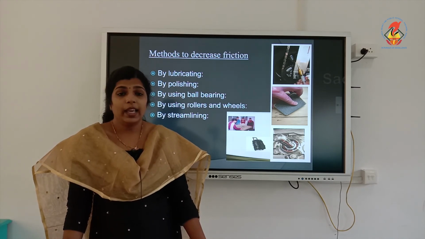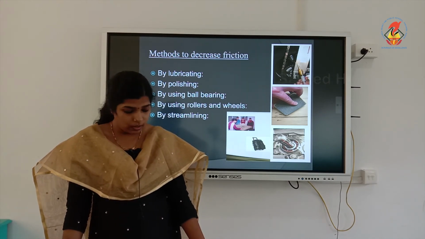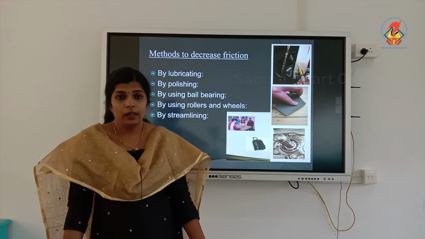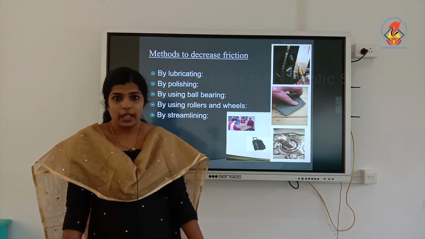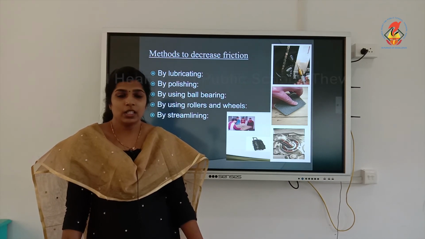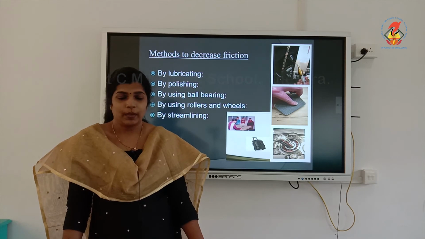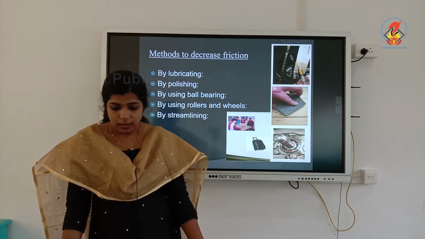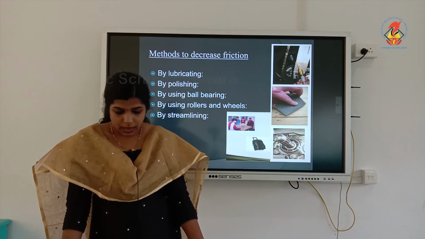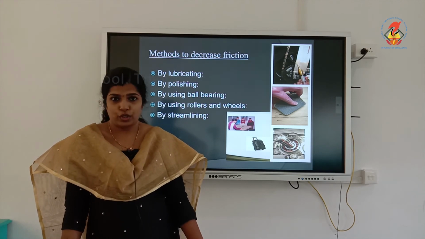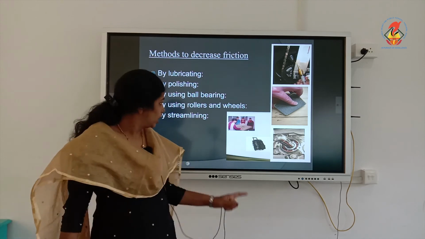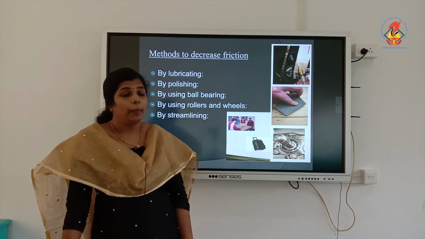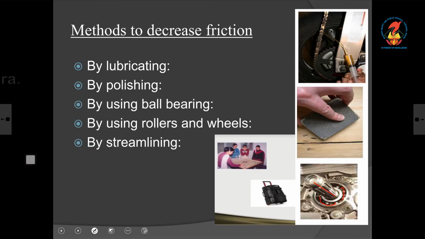Luggage is fitted with rollers and wheels, so we can easily shift it from one place to another. We can easily shift big luggage with wheels. What's the reason? Wheels and rollers will reduce friction. That is the next point, by using rollers and wheels.